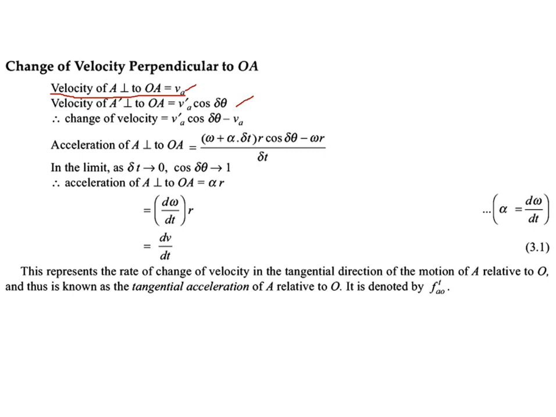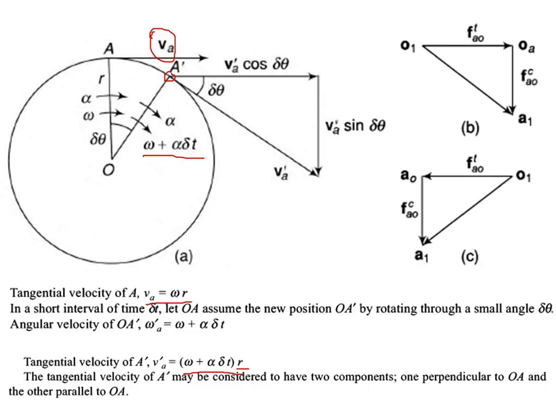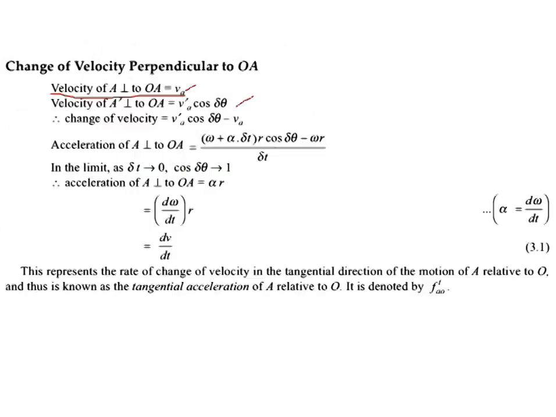So the acceleration of A perpendicular to OA will be obtained by differentiating this with respect to time. Substituting VA dash and VA: omega plus alpha del t into r cos del theta minus omega r, divided by del t, because it is an acceleration component.